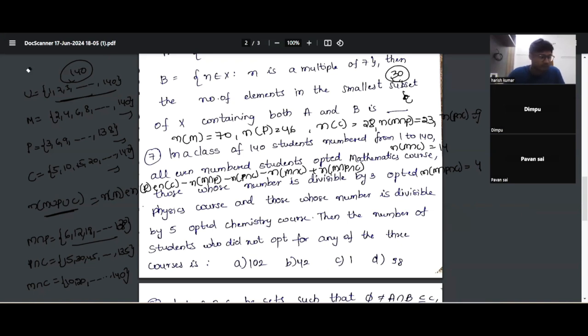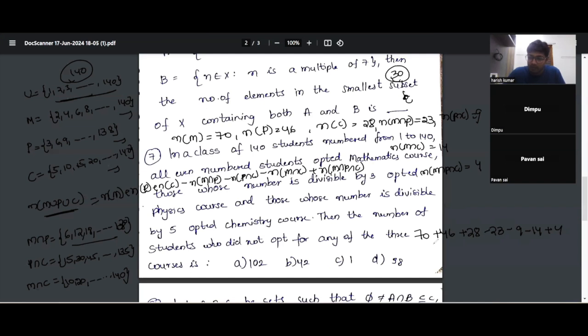Now we'll simply apply the formula. N of m is 70 plus n of p is 46 plus n of c is 28. N of m intersection p is 23, n of p intersection c is 9, and n of m intersection c is 14, plus 4.